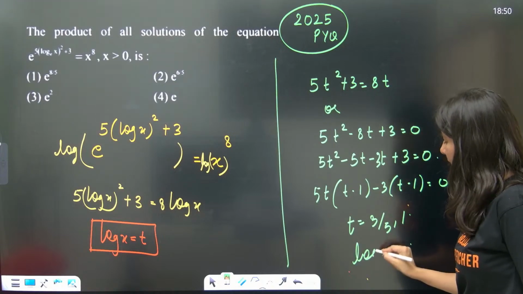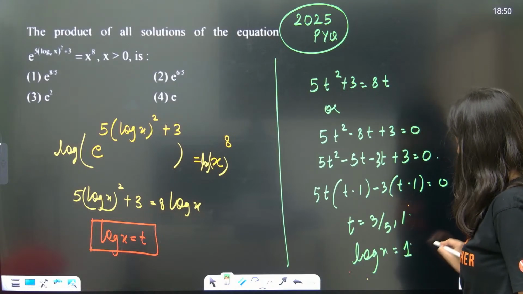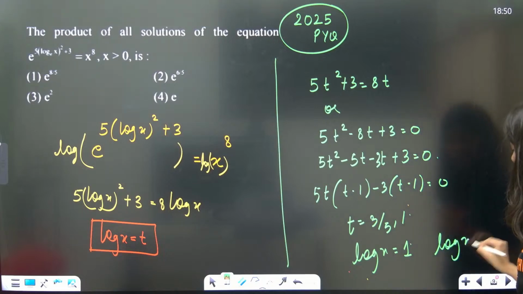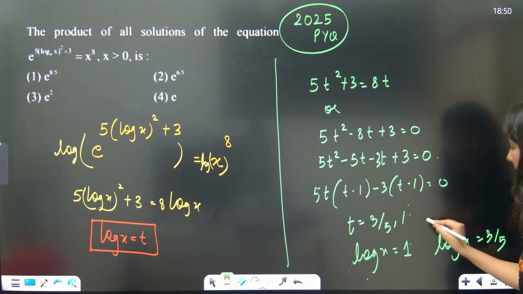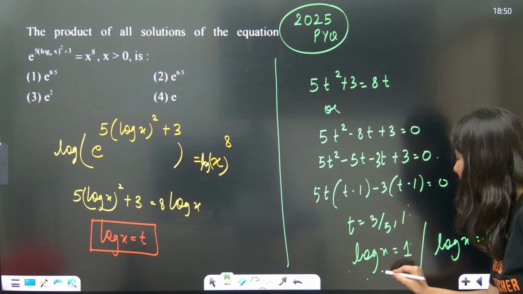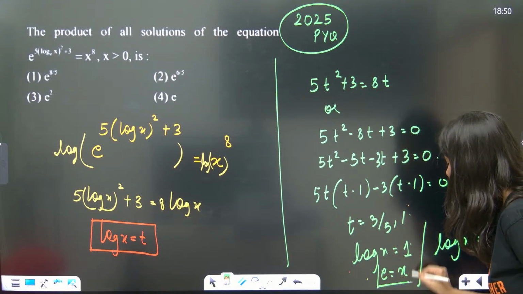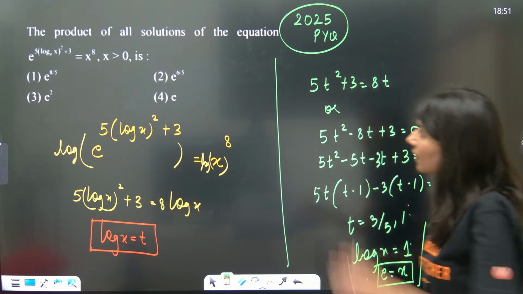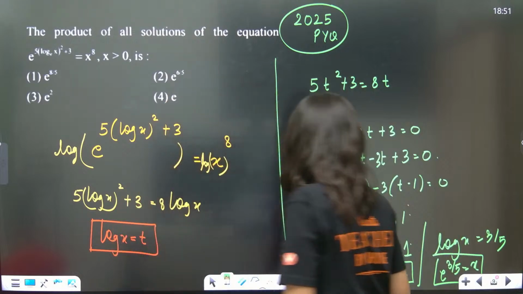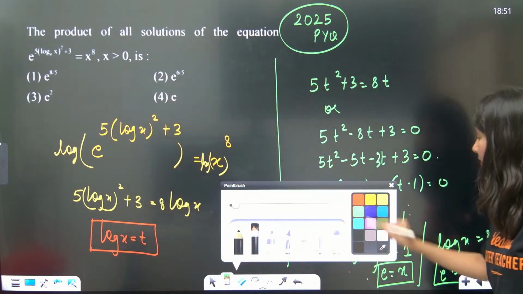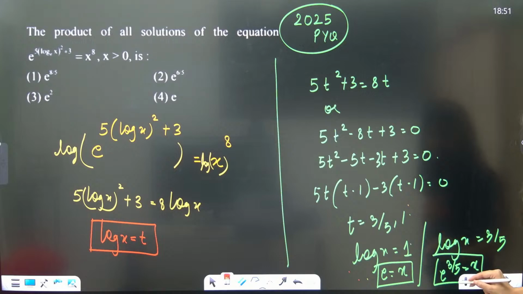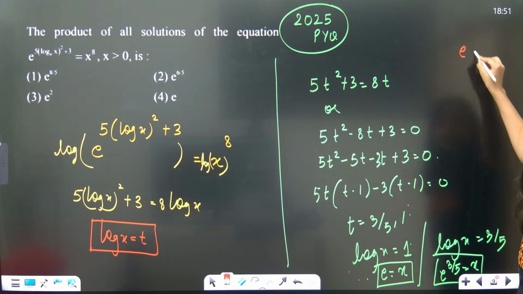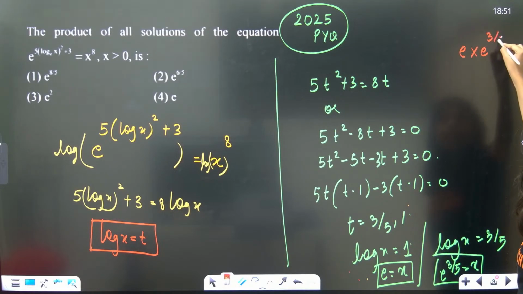That means log x being 1 and log x being 3 by 5. So log x being 1 means e raised to power 1 is equal to x, and e raised to power 3 by 5 is the other value of x. As per the question, the product of all the solutions is e multiplied by e power 3 by 5, so e power 1 plus 3 by 5.